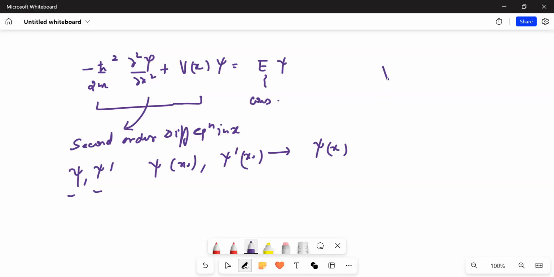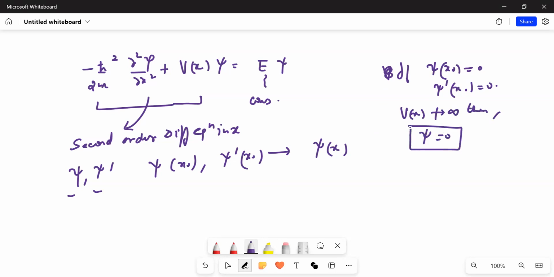For the case where psi is equal to 0 and psi dash is also equal to 0 at some point, and the potential is not even infinite, then psi must be equal to 0 only. In fact, if the potential is infinite, then it is fine, psi is equal to 0. But if at a point psi is 0 and psi dash is 0, then it necessarily implies that psi must be 0 everywhere.